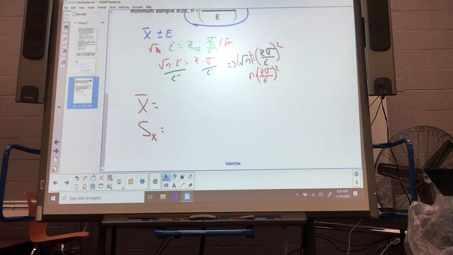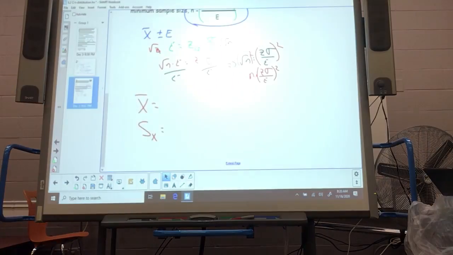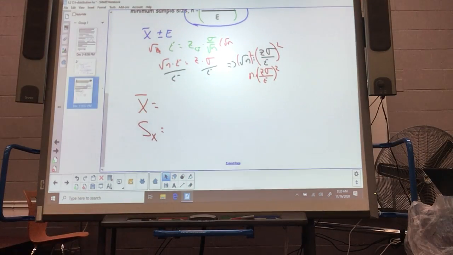Write them down. So what you just generated with a list of data is a mean and a standard deviation.